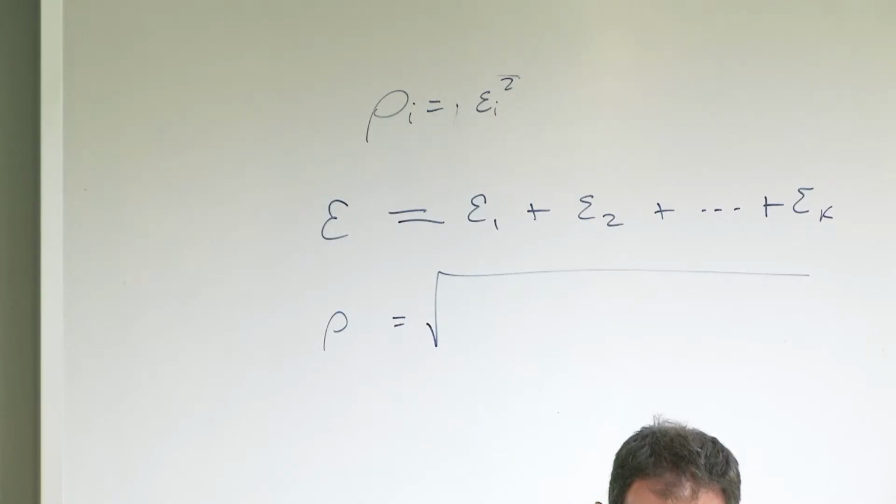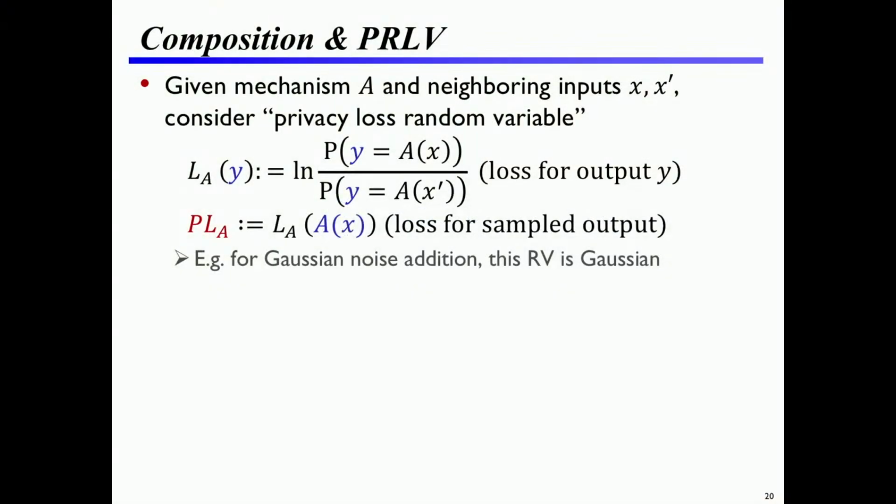Okay, just briefly, what's going on with composition? One way to think about it is that every new output you get gives you a certain type of information about the input. If you set up the math right, you are really adding up the information you got from each of the releases. So let's define, given a mechanism A and two fixed neighboring inputs, x and x prime, this loss random variable as the log odds ratio of a given output under data set x and data set x prime.